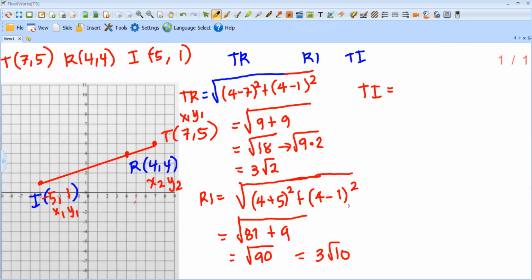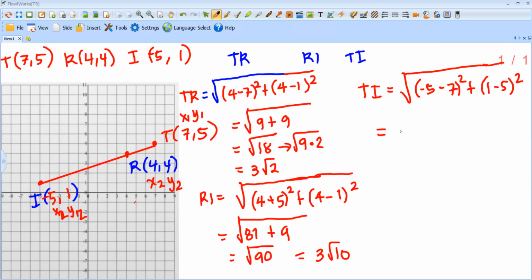Okay. Now let's go to TI. Let us try this as x sub 2, and this is y sub 2 now. So negative 5 minus 7 squared plus y sub 2, which is 1 minus 5 squared.